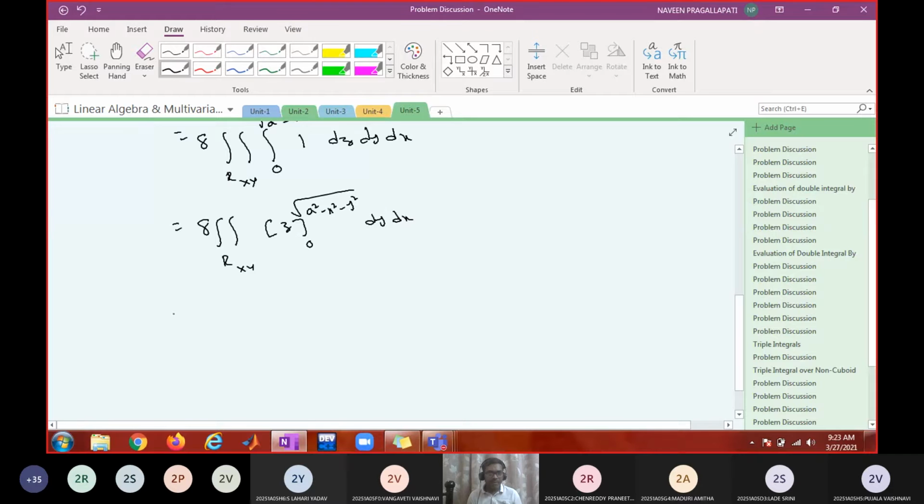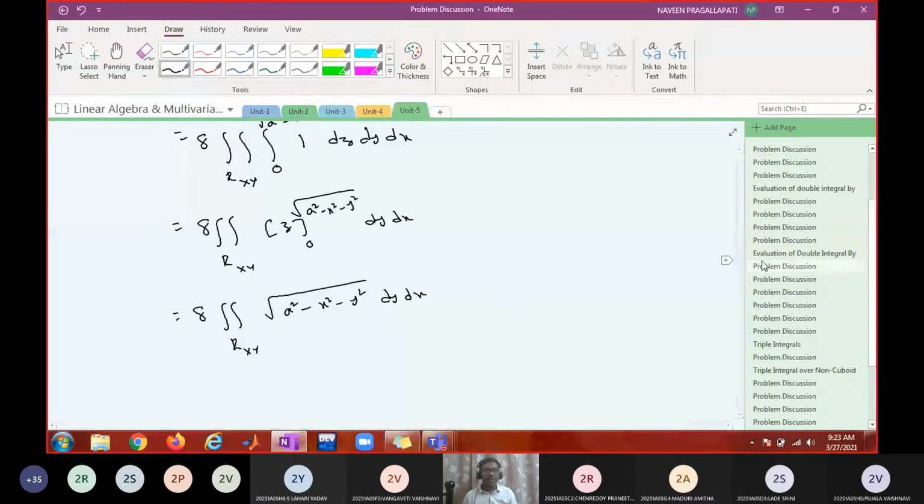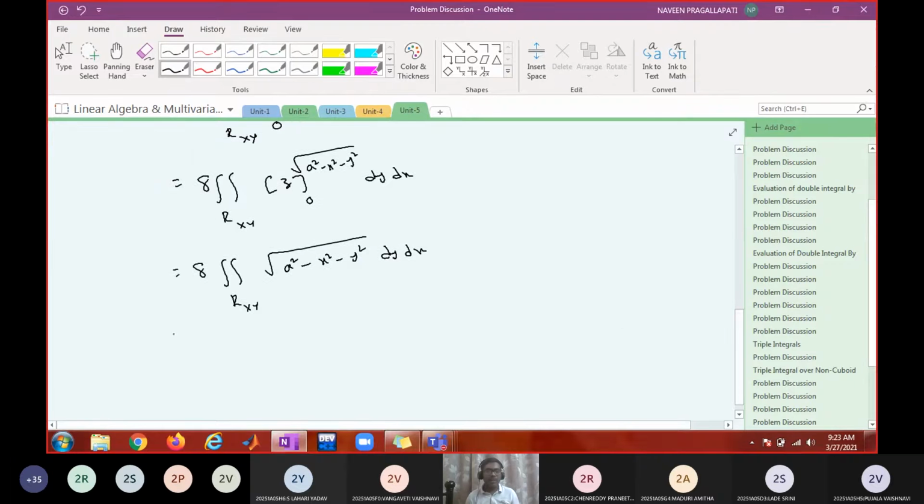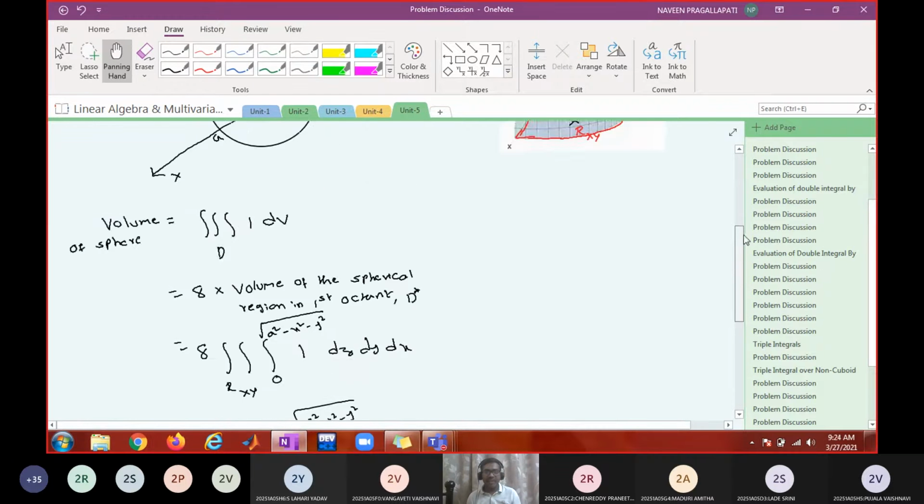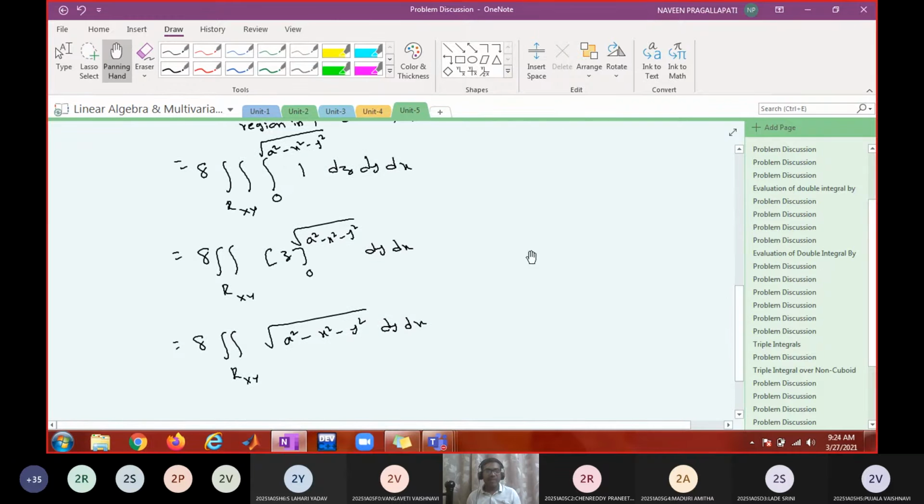Upper limit is root of a square minus x square minus y square, lower limit is 0. Now you have to evaluate the double integral over Rxy. What is Rxy? Rxy is only 1/4 of the circular region.